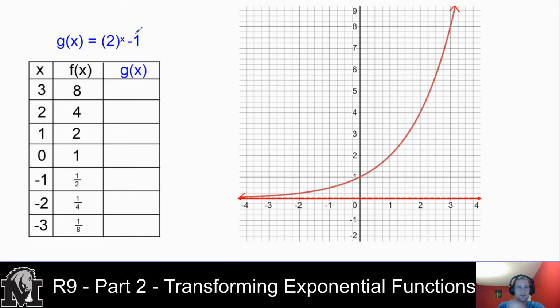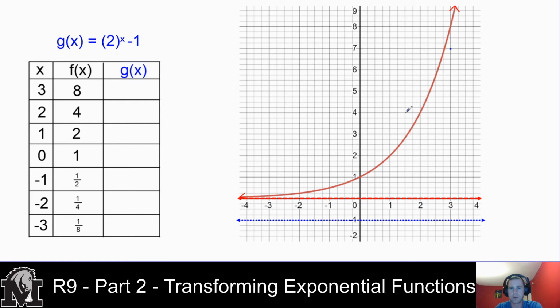In this example, this minus 1 means we're moving the entire graph down 1 unit. That includes the asymptote. So the asymptote, which was at 0, now gets bumped down to negative 1. So all of our coordinates just get bumped down 1. So 8 goes down to 7.